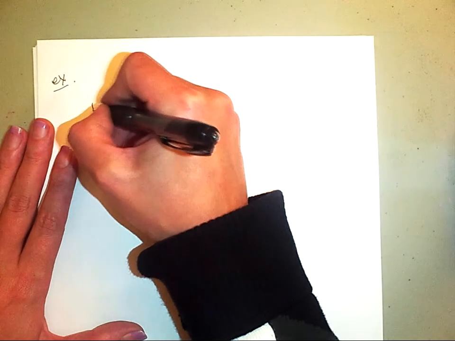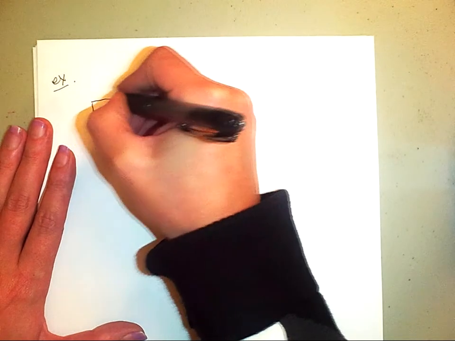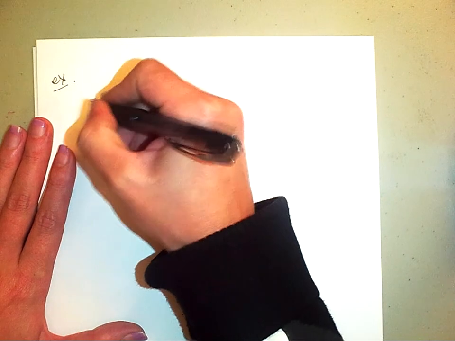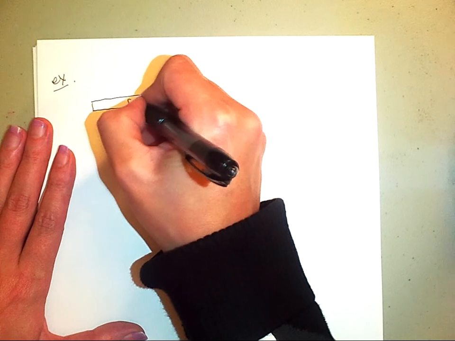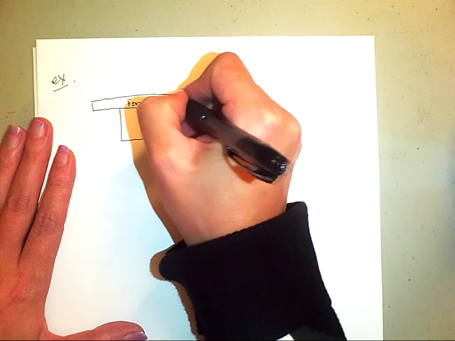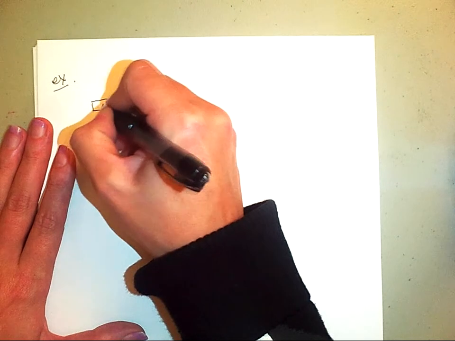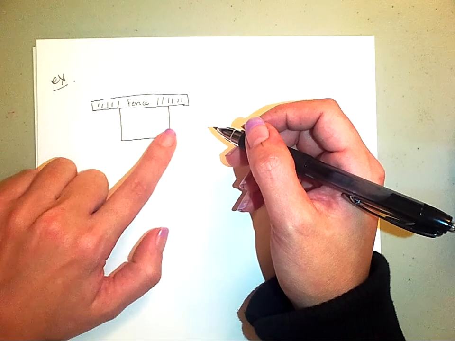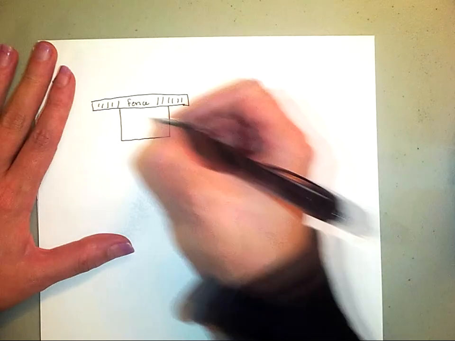Now her backyard is fenced, okay, so there's already a fence here. And this gardener wants to build a garden like so. So this is the fence. The fence already exists. Okay? So to enclose this garden, all she has to worry about are these 3 sides.